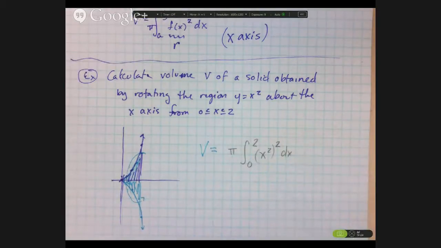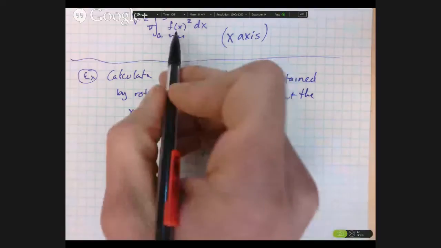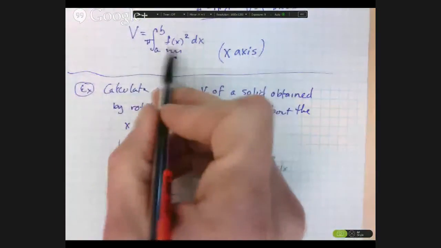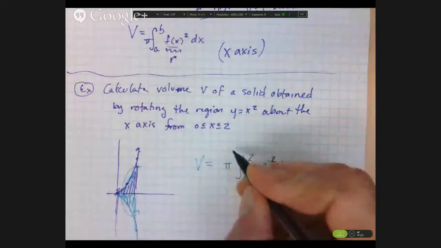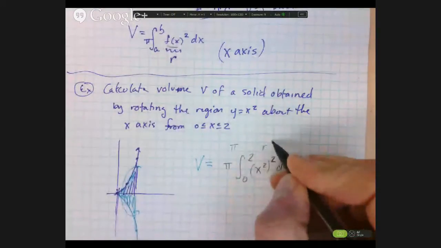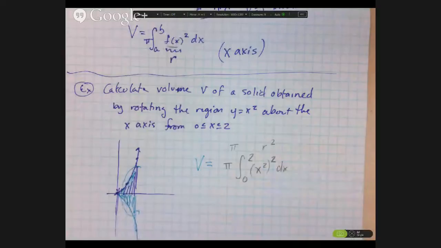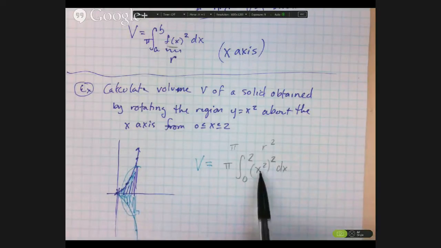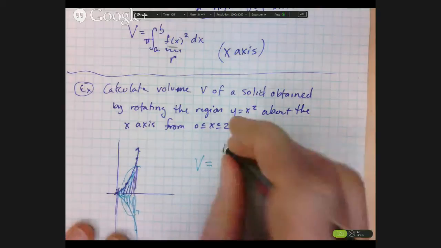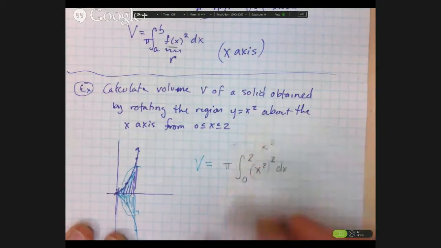Here's your formula: take the function and square it. Remember the circle, you're rotating and making a circle. So our formula is pi r squared. The radius is the function, so we have to square it. And execute.